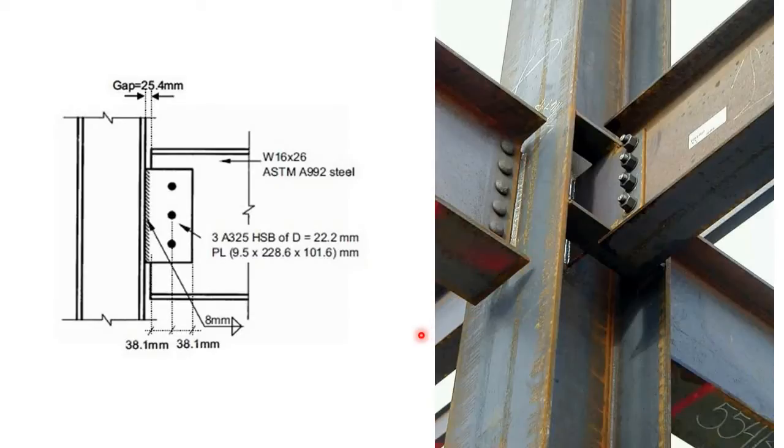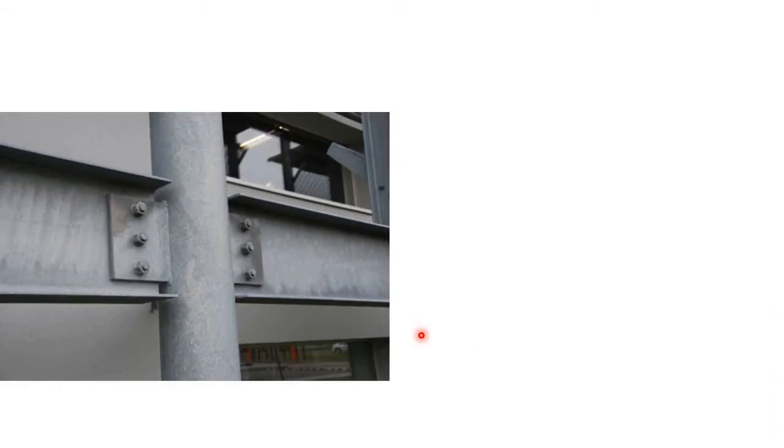Now let's look at how force is actually transferred through a shear connection. We have considered this shear connection. Here this is the beam, this is the plate, this is the bolt, and this is a circular column, and this plate is welded here. Now let's say we have a load like this.